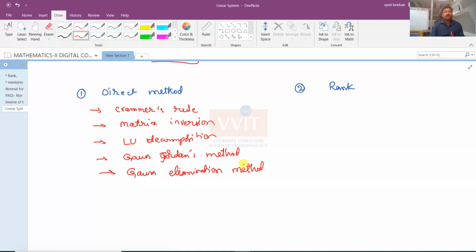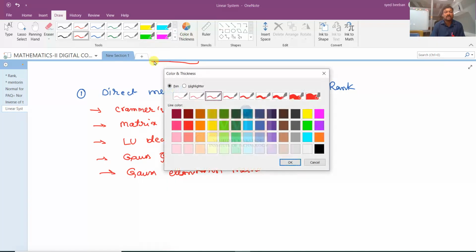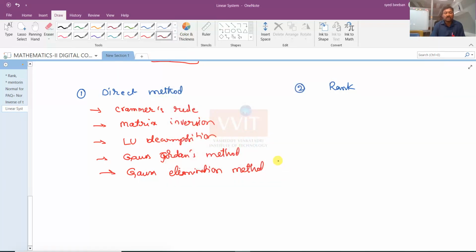But here, by using the direct methods, at most we can compute only a unique solution, if it exists. This output will be by using the direct methods.